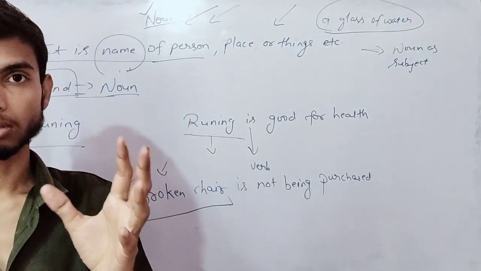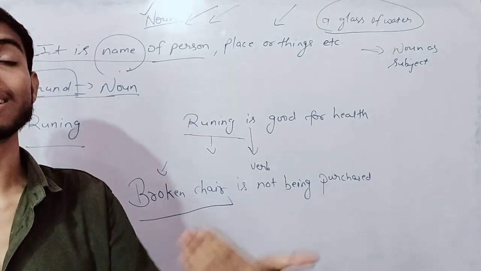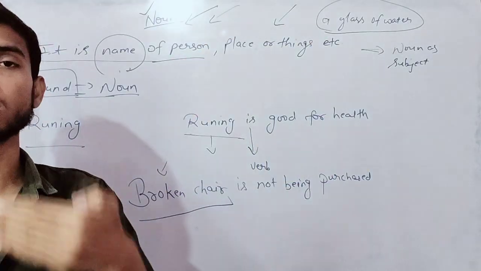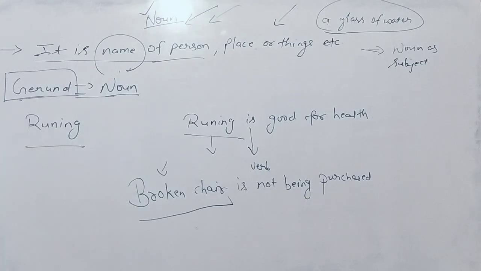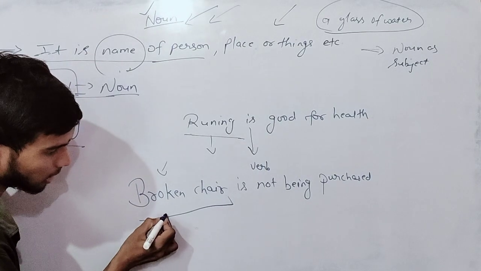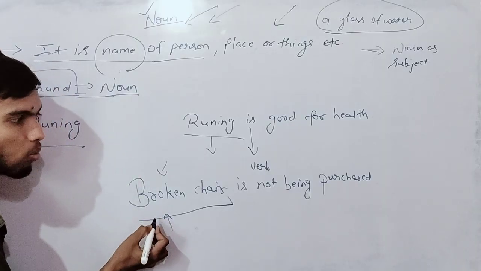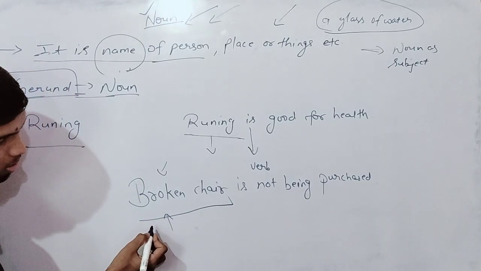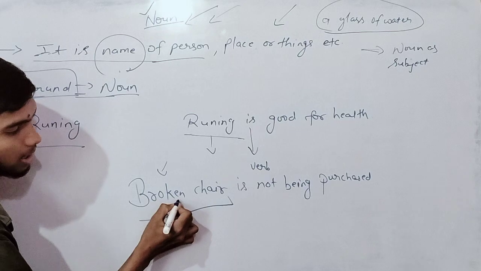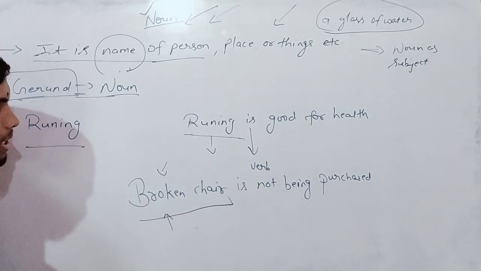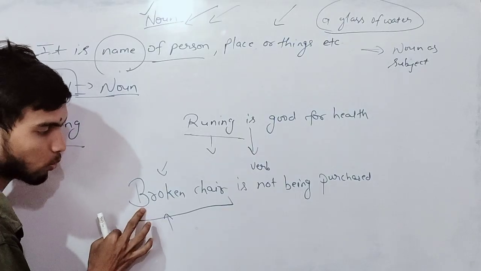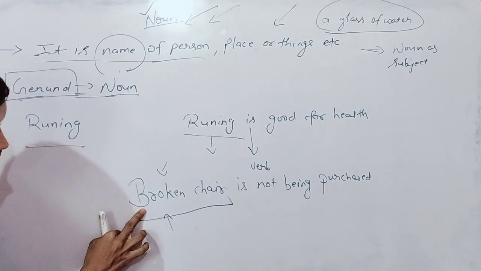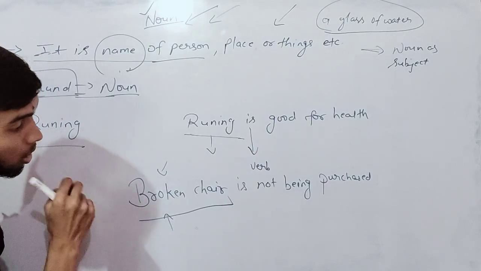That is the definition of an adjective word. Now here broken is an adjective. We cannot say that broken is a noun, because it is telling the state of this chair. Clear?